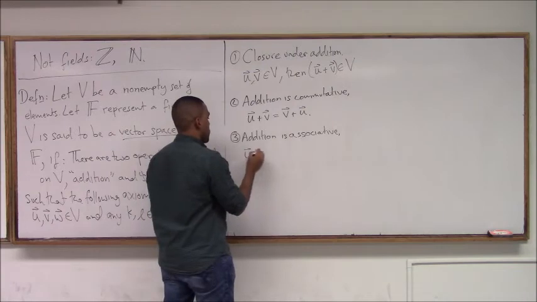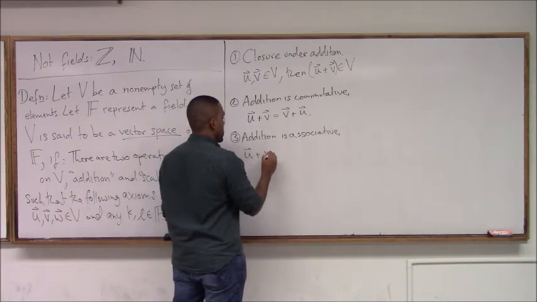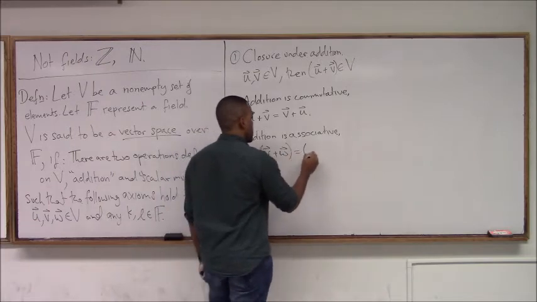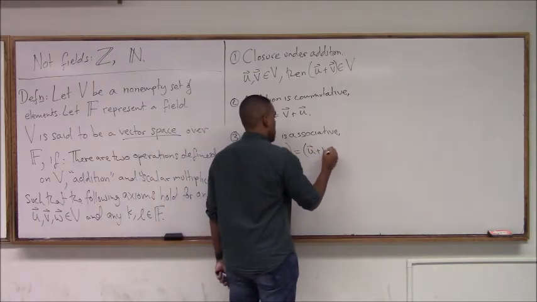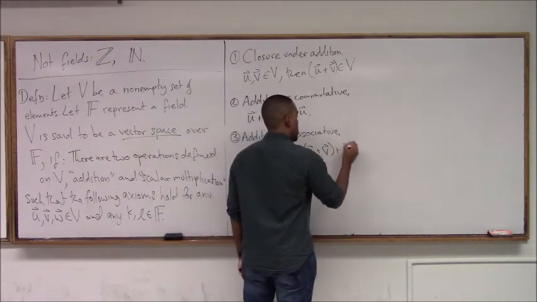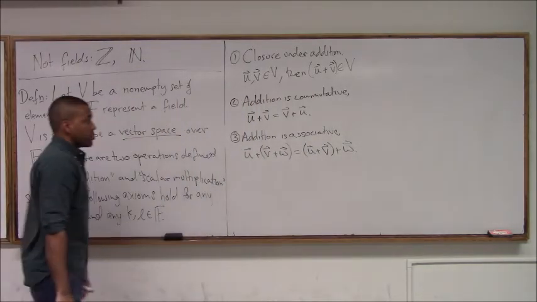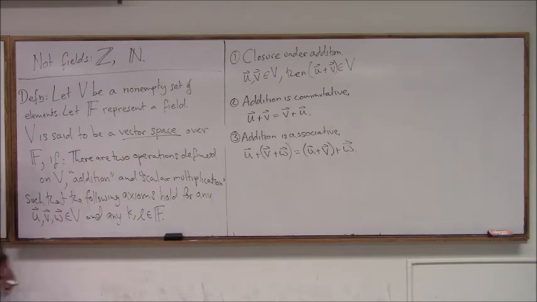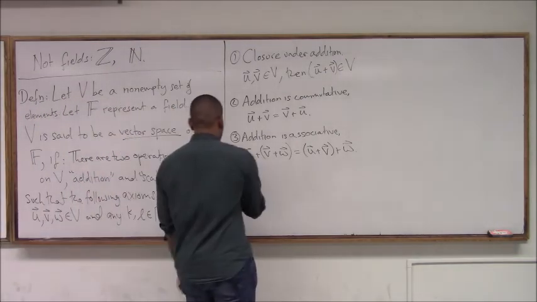This means if I'm adding more than a pair of things, it doesn't matter which pair I decide to add first, I will get the same answer. And this is working for any vectors in the set. I'll tell you what vectors soon, I guess.